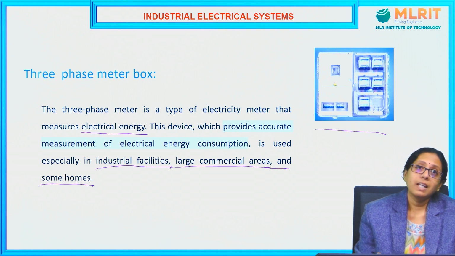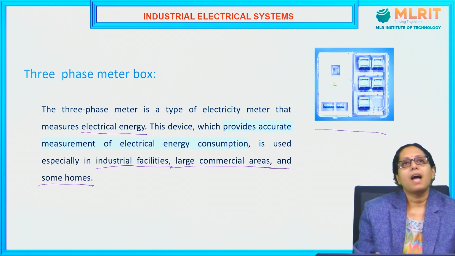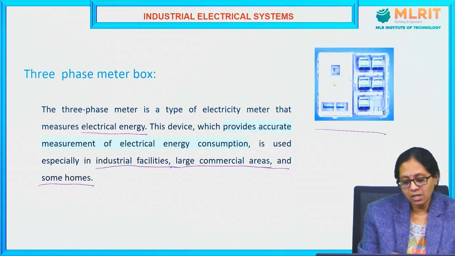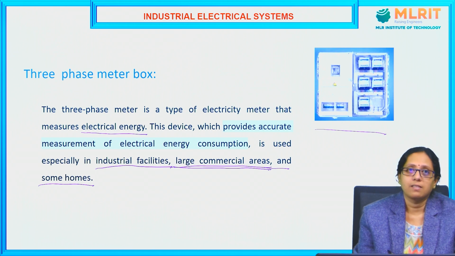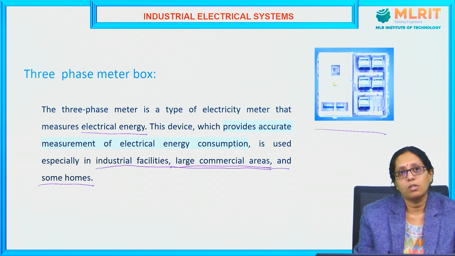So, the single phase meter box is used for residential applications and the three-phase meter box is mainly used for industrial applications as well as for large commercial areas. So these are the two types of metering boxes.